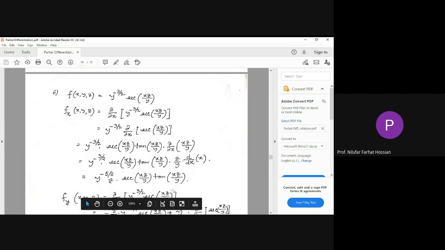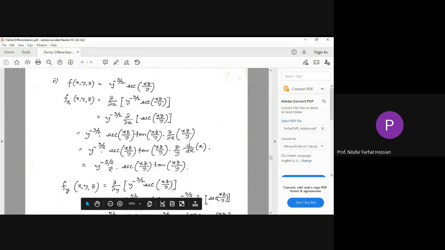Okay, now the second function. The second function, it is y to the power minus 3 by 2 into sec xz by y. So at first we find the partial derivative with respect to x, del x of this whole thing. So you see, actually it was a product of two functions. And you see this factor, this function does not contain any x. Our partial derivative is with respect to x.